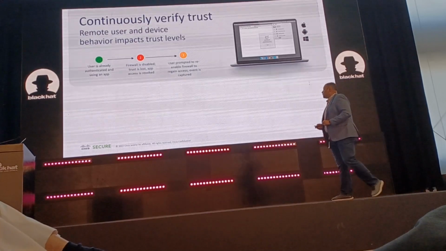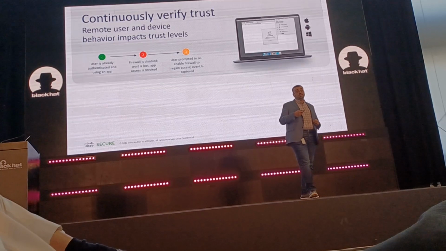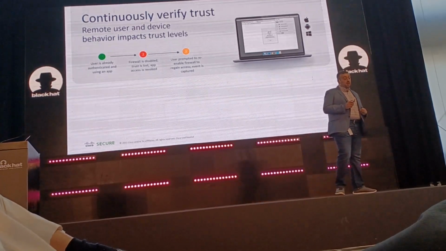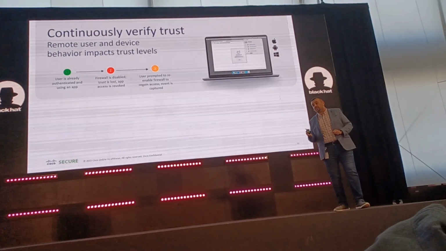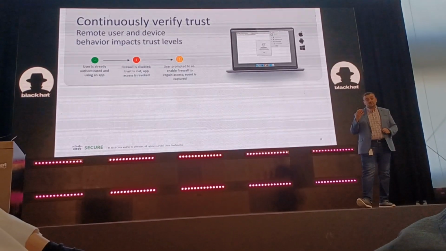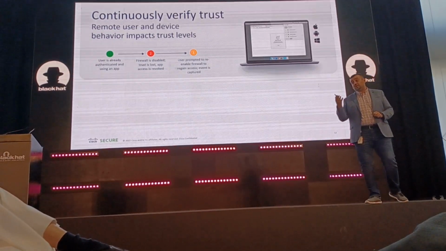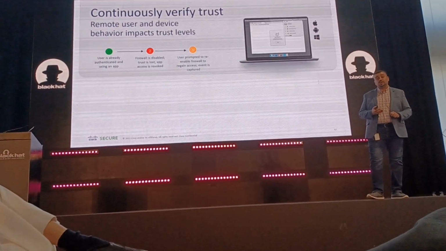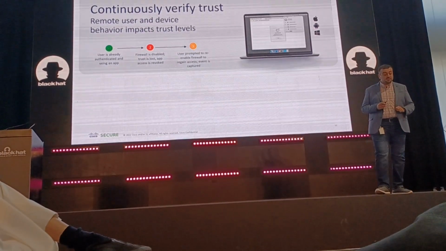Then, and this is the most important point, the continuously verified trust, or the continuous trust verification. The user is already authenticated, but all of a sudden, because of, let's say, malware, some infection or a breach, the firewall is disabled, or your EDR technology, endpoint detection and response, your antivirus, anti-malware technology is also disabled.